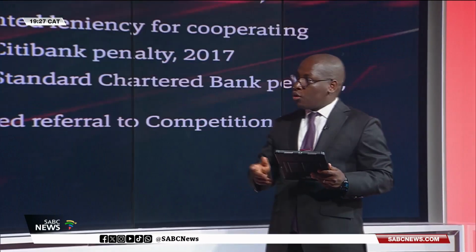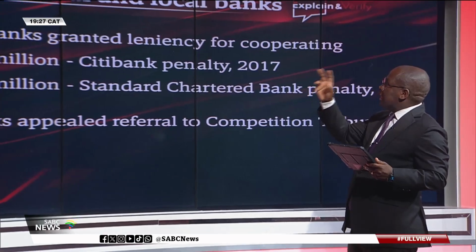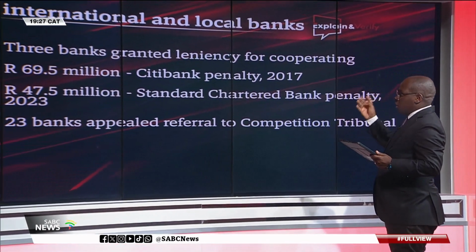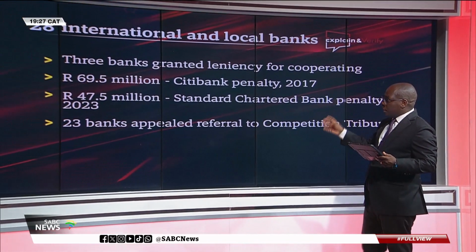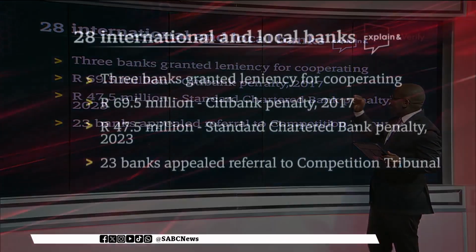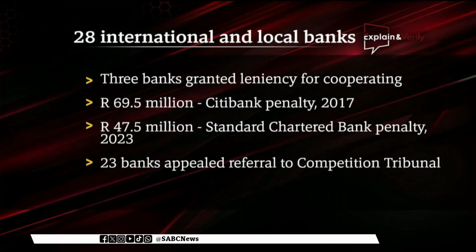Let's see how things stand in this regard with the 28 banks. So 28 international and local banks were accused of this particular manipulation. 3 banks were granted leniency for their cooperation. Citibank's penalty in 2017 was 69.5 million rands.